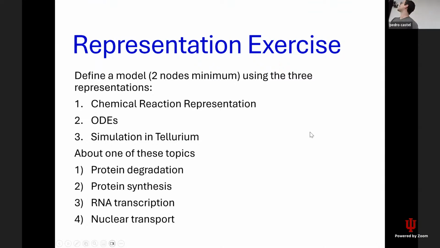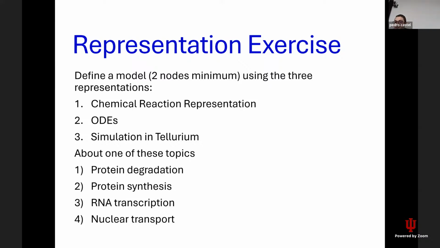Okay, another exercise. Look how good it is. You will choose one topic: protein degradation, protein synthesis, RNA transcription, or nuclear transport. And you will do 1, 2, and 3.